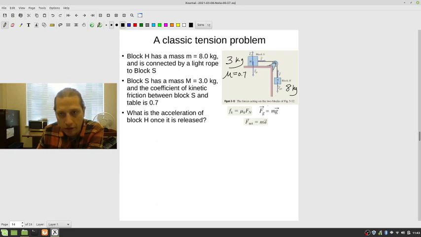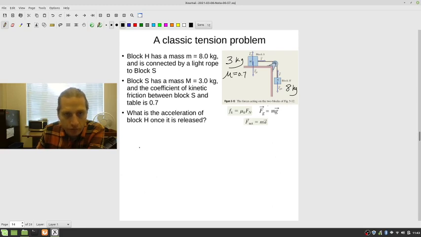It's just going to be the gravitational force from block H that's going to contribute. But in this case, it's going to accelerate even less, because you also have a frictional force.